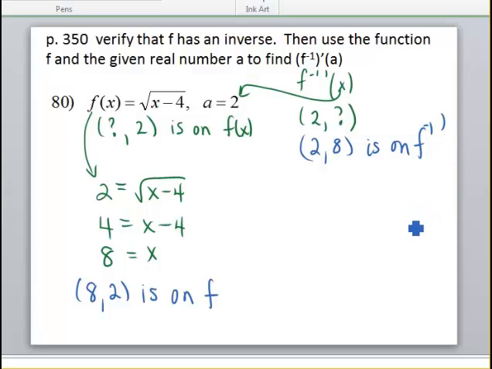What I'm actually going to do is find the derivative of this, and this method has to be used when you cannot find the inverse very easily.